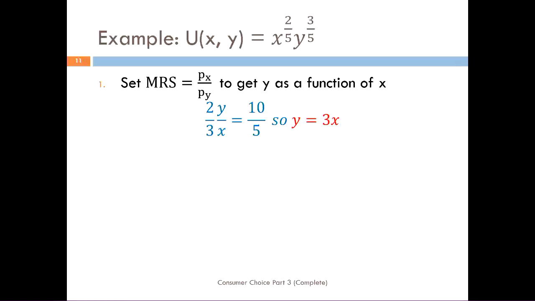What's the other thing that informs your decision what to consume? And that's your taste. Take a look at your taste. Notice you have x raised to the power of 2/5, but y is raised to the power of 3/5. Y gives you more enjoyment than x. Not for every amount, but you can see that if you have 1 unit of x and 2 units of y, you'd be happier than you would be with 2 units of x and 1 unit of y.